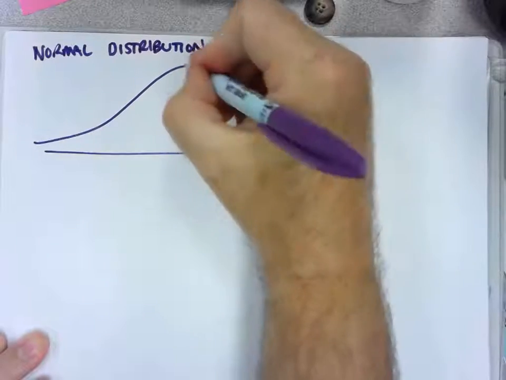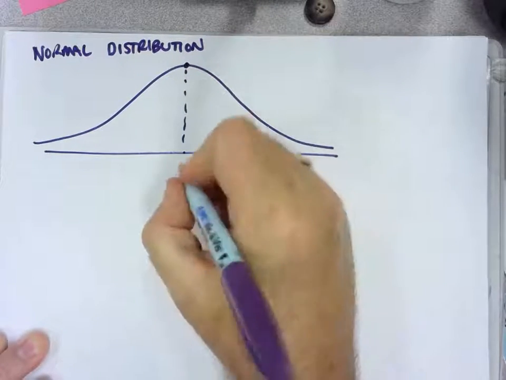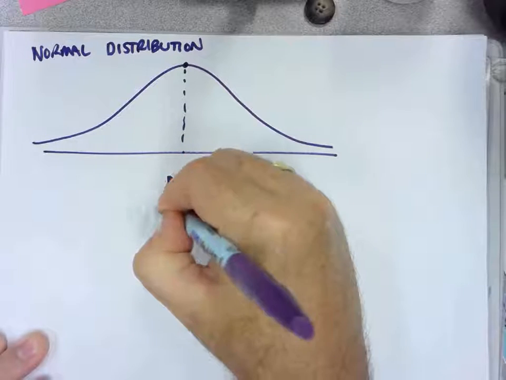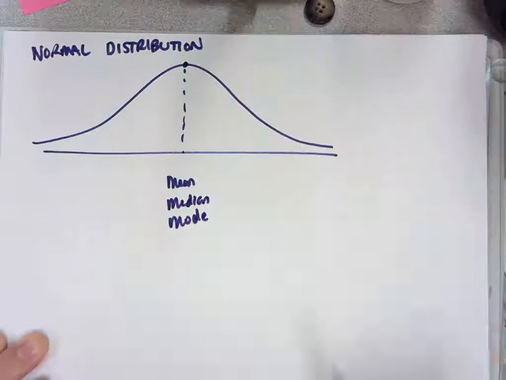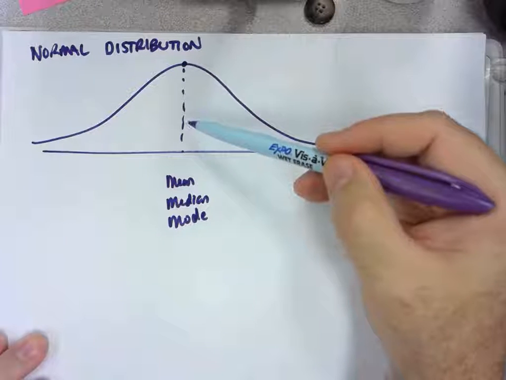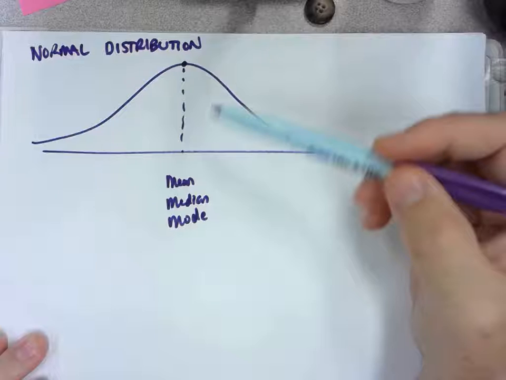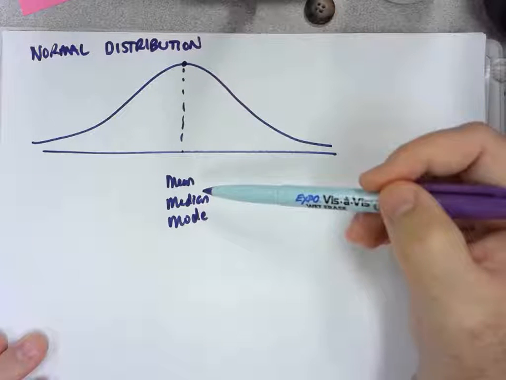This point right here in the middle, that's 60 something, that is your mean, that's your median, and that's your mode, because in a normal distribution, all three of these are sitting at the same point. As soon as that data gets skewed, the mean, median, mode no longer line up.